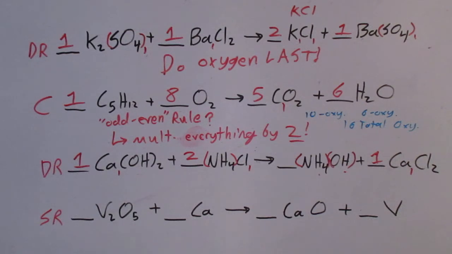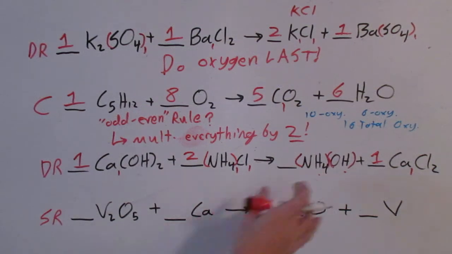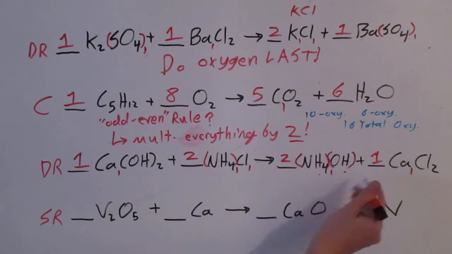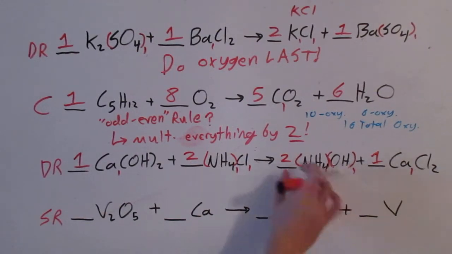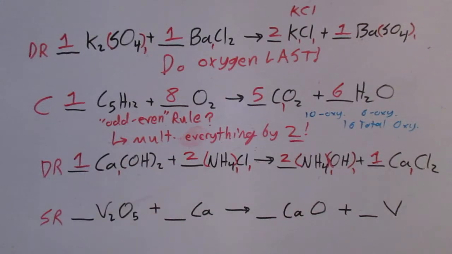Why worry about 2 things when you can worry about 1? I have 2 ammoniums here because there's only 1 ammonium, which means I need a 2 here. Now, I have 2 of these. And to follow along with that, I have 2 hydroxides now, because this whole thing distributes over. I have 2 hydroxides. I'm actually good to go, which is a really cool thing.